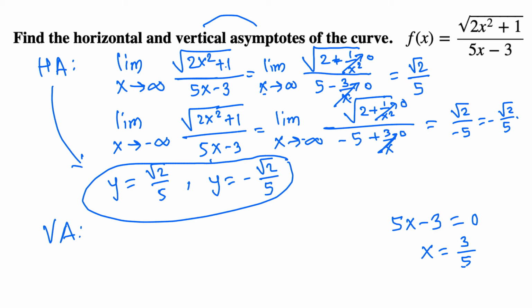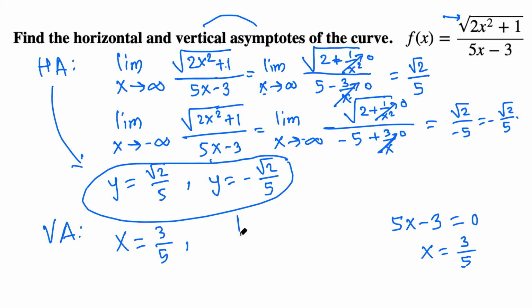This could be a vertical asymptote if the top is not 0 at x equals 3 over 5. Plugging in x equals 3 over 5 on the top, it's not going to be 0. So x equals 3 over 5 is the vertical asymptote, because this makes the bottom 0 but not the top.